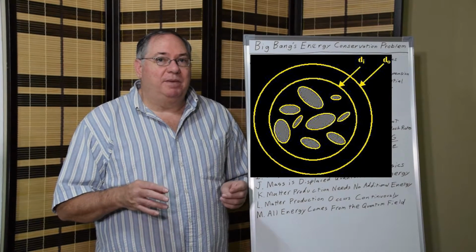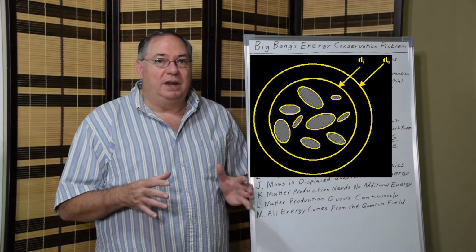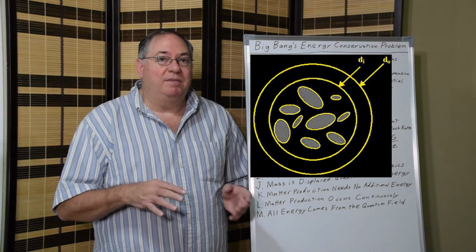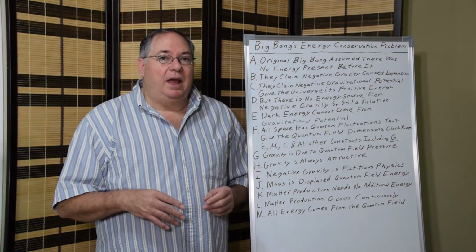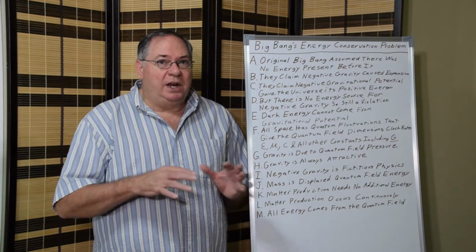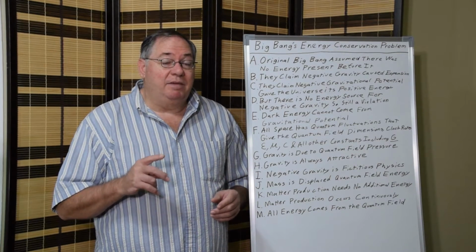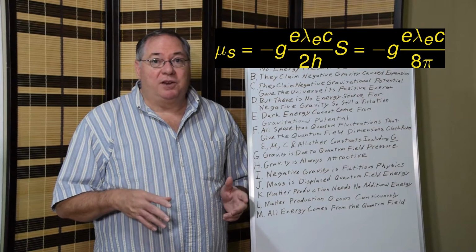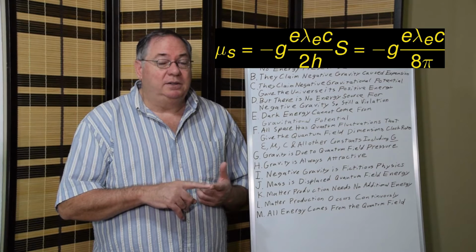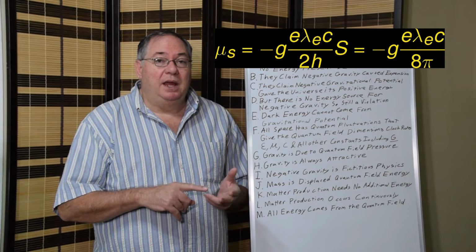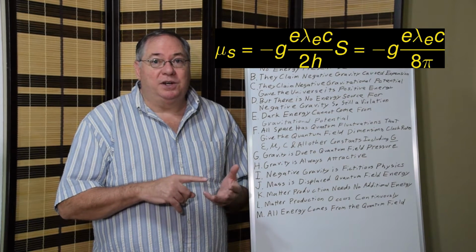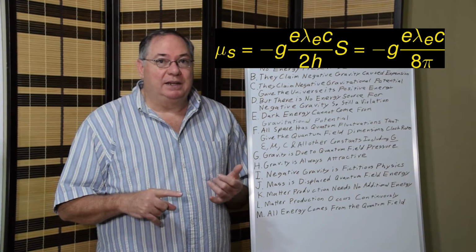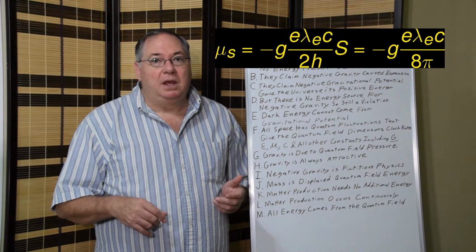And we see the same thing with the electron if we consider that the electron has a radius equal to half the Compton wavelength. And you may say, well, the electron doesn't have structure. But the magnetic moment of an electron is equal to a g-factor, which is approximately 2, times the electric charge, speed of light, and a radius equal to half the Compton wavelength, divided by 4 pi.